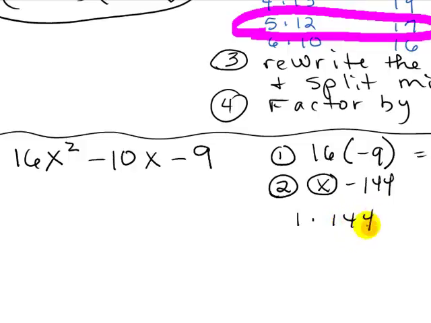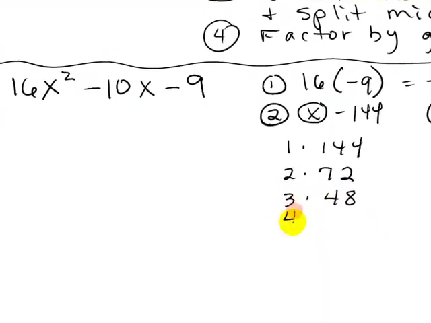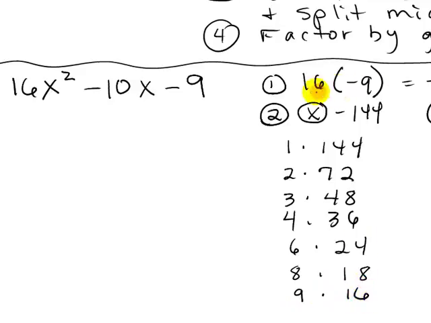1 times 144, 2 times 72, 3 times 48, 4 times 36, 5 won't go, 6 times 24, 7 won't go, 8 times 18, and we already know that 9 times 16, that's where we had our start, and then we've always got the 12 times 12.